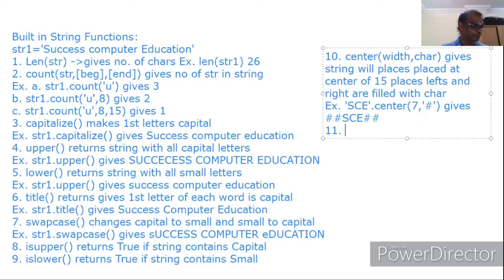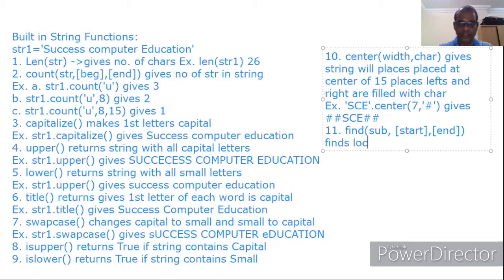11th one, find. Here one substring, comma, as well as start and end. Both are optional. It is used to find the location or index of a substring in a string.